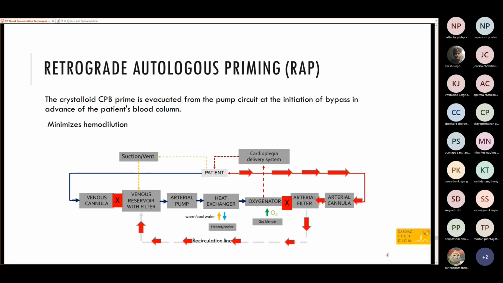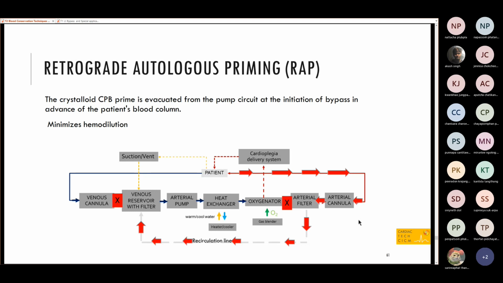From this diagram, we start from the main diagram first. From the patient, blood goes to the venous cannula, to the venous reservoir, to the arterial pump, heat exchanger, oxygenator, and back to the patient by the arterial line.